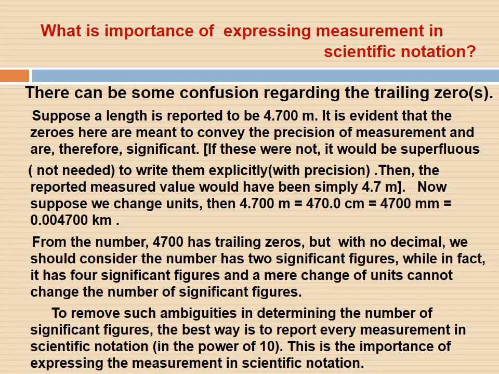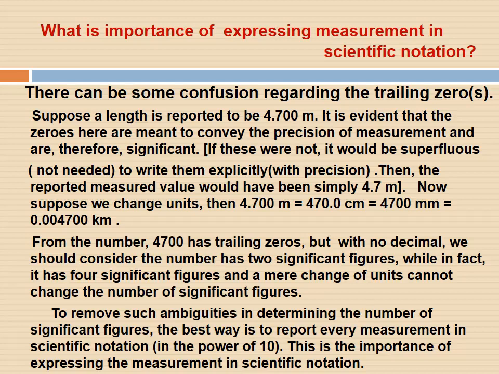Suppose a length is reported to be 4.700 meter. It is evident that the zeros here are meant to convey the precision of measurement and are therefore significant. If this were not so, it would be superfluous to write them explicitly.